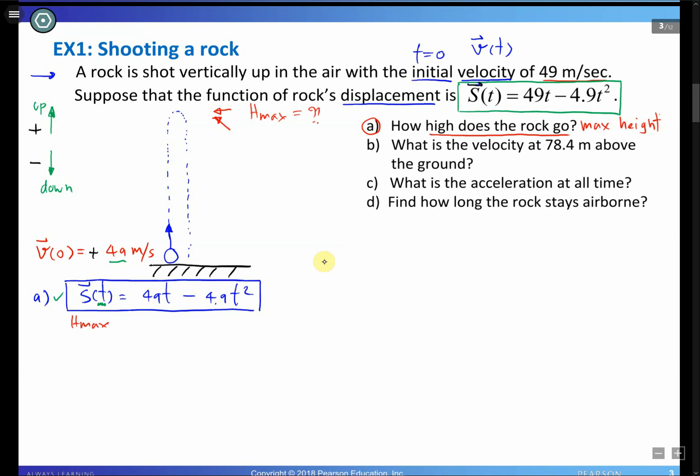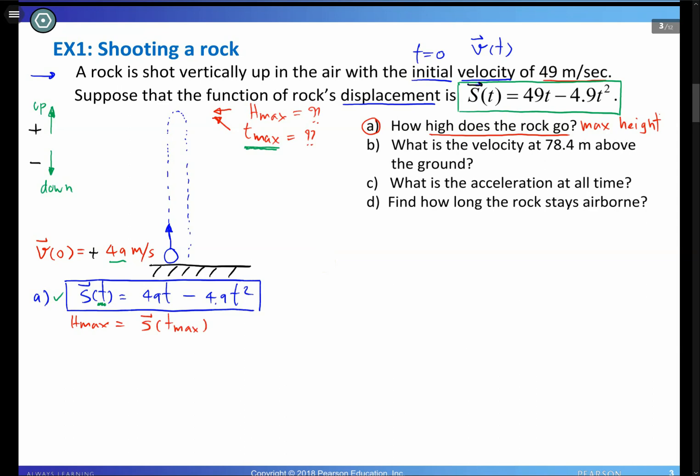Let's call the time right here T max. T max is still unknown at this point. So we have to find out about this. If we know this, then we can find h max according to this, the displacement at the top of the flight, T max. But this is unknown.